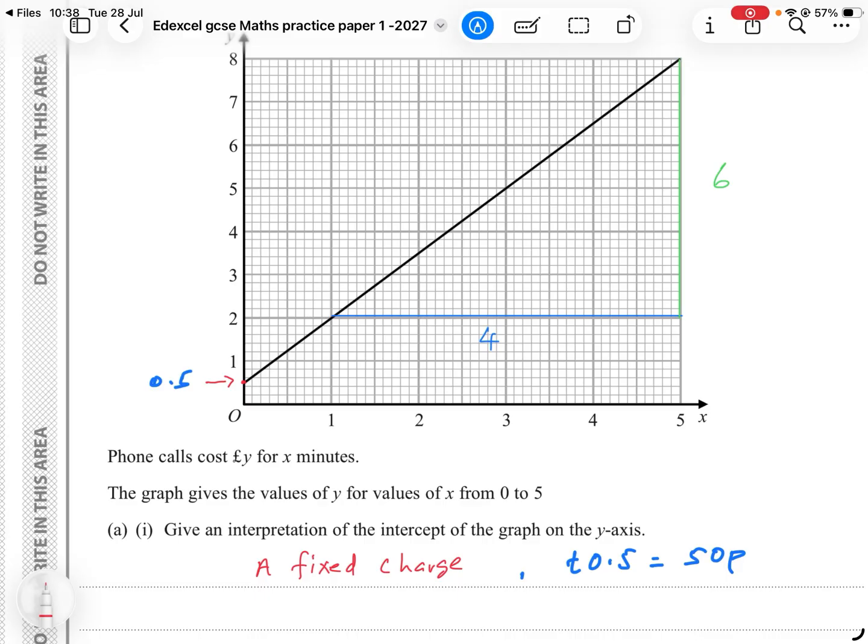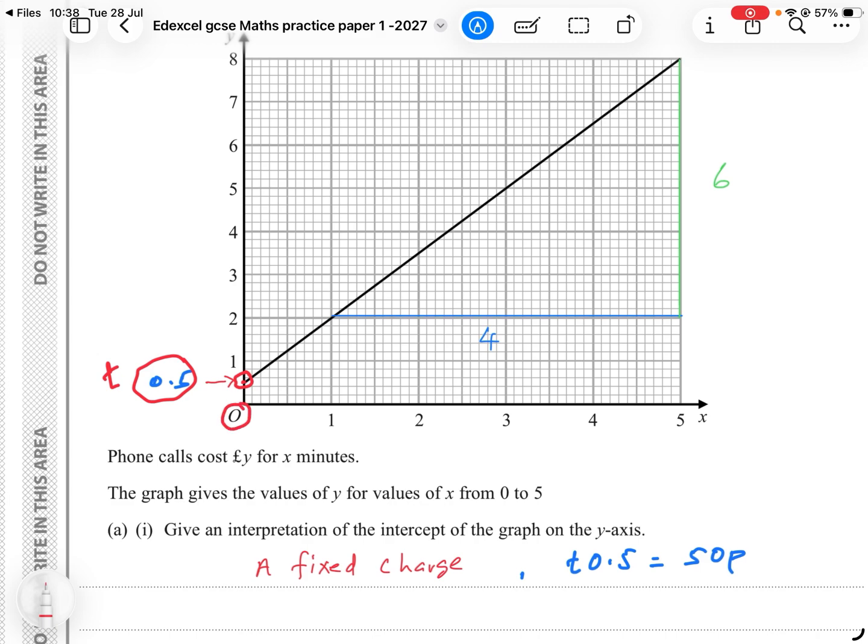So this point is the y-intercept. This graph, a straight line, crosses exactly at 0.5. So that means 0.5 pounds. So look at here, in the x-axis 0.